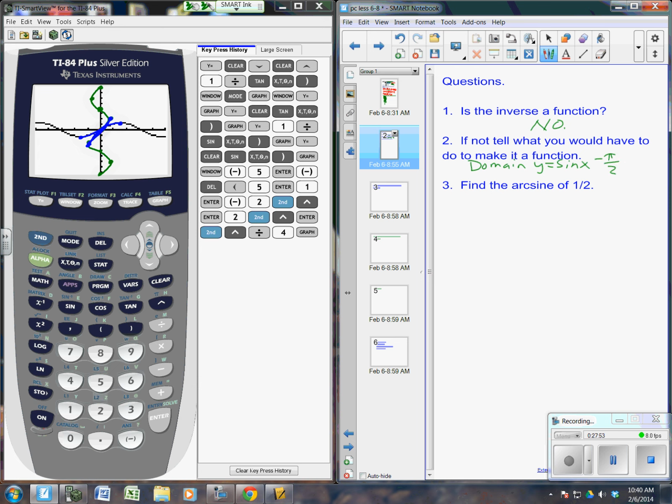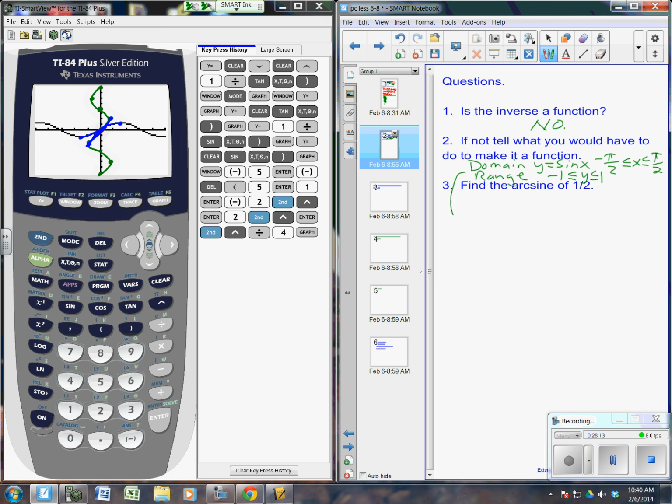Negative pi halves to positive pi halves, right? And that would restrict the range of that function to be -1 less than or equal to y less than or equal to +1, right?